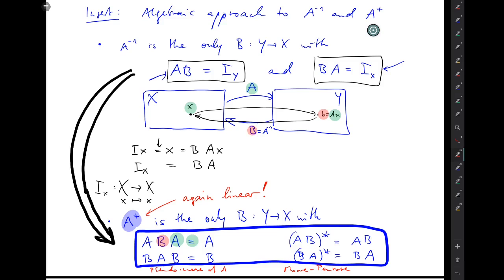So what is, well, in this case it's not the inverse, in this case it would be the pseudo-inverse, and that solves the equation as good as possible.